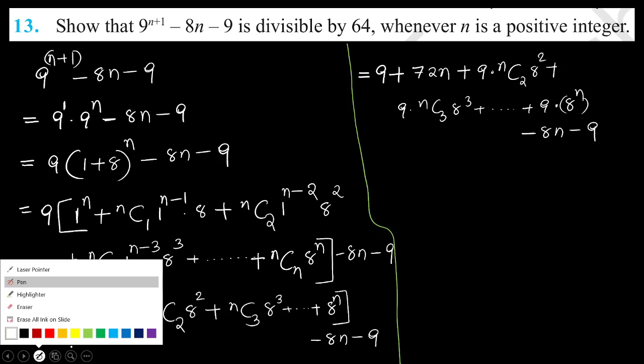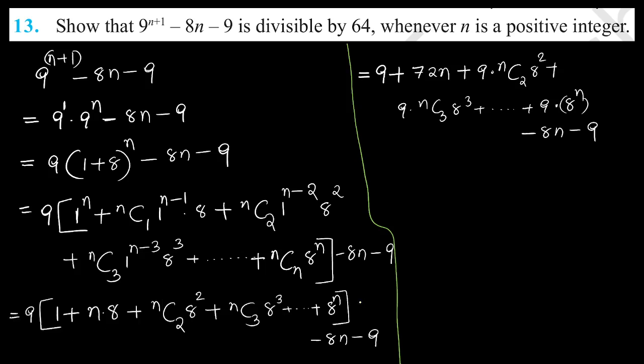One term cancelled. Which one? The 9 plus 9 and minus 9 cancelled. And look here, 72n is there, minus 8n is there. They are similar terms. You agree with me? 72n minus 8n, 72 minus 8 is 64.